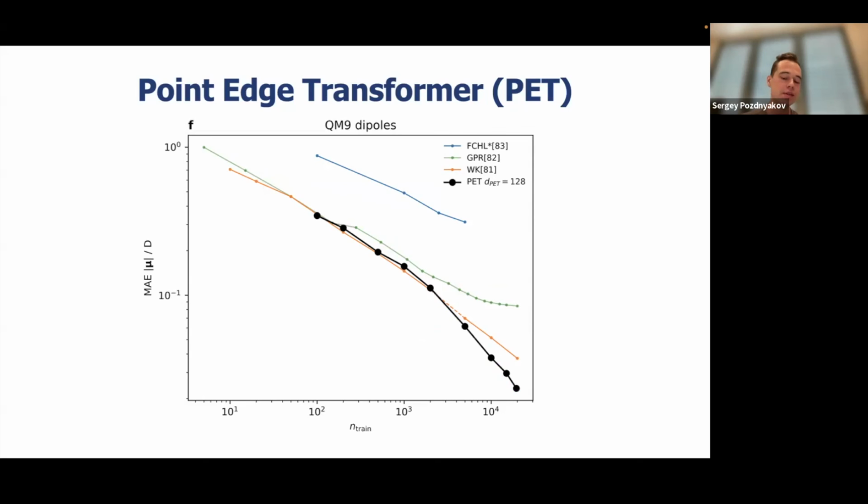And as you can see, our unconstrained PET, which does not intrinsically incorporate any sort of rotational equivariance, not only works super well for a vectorial target such as dipole moments, but moreover, it achieves state-of-the-art, outperforming many other methods.